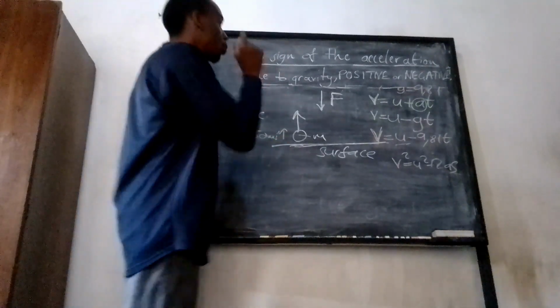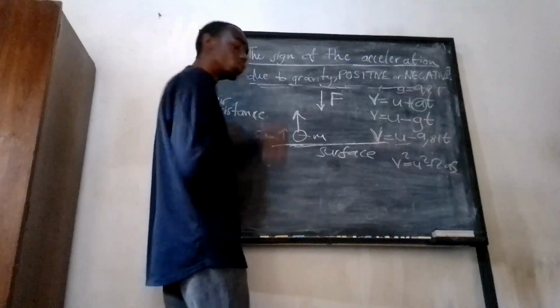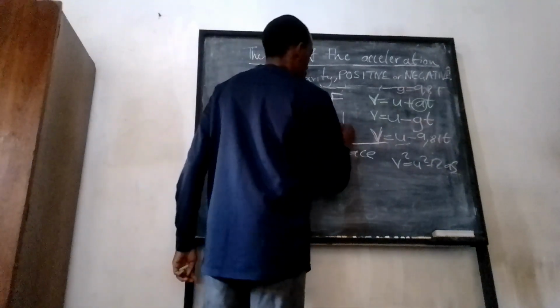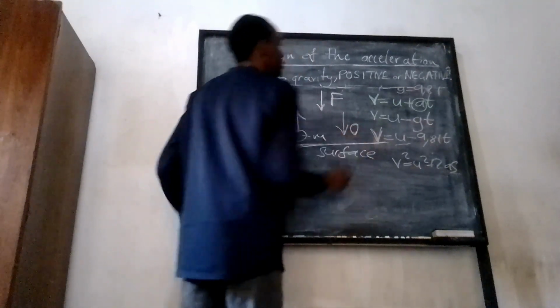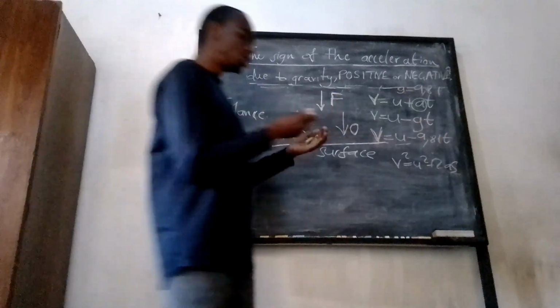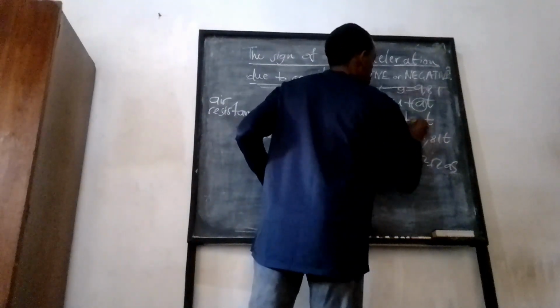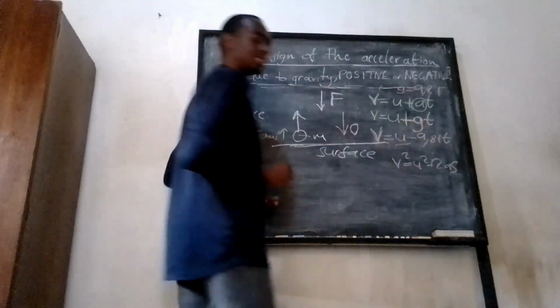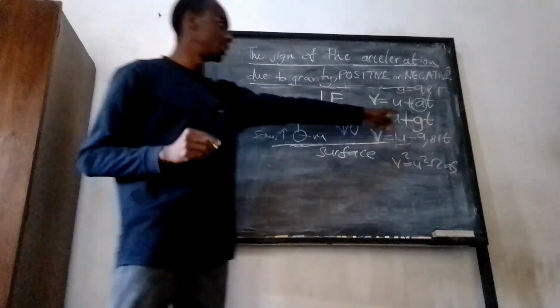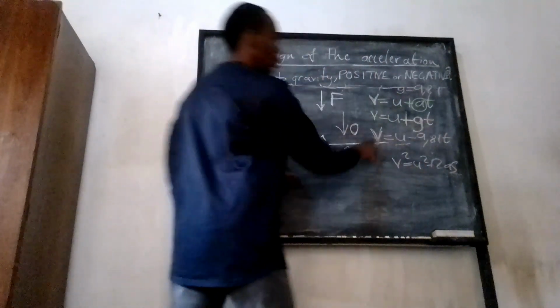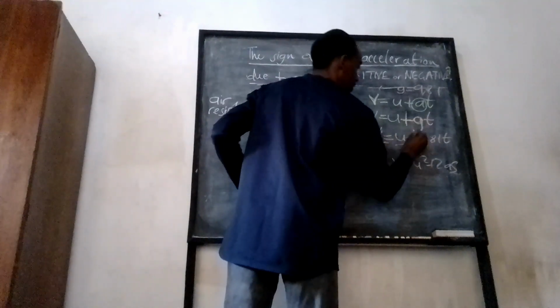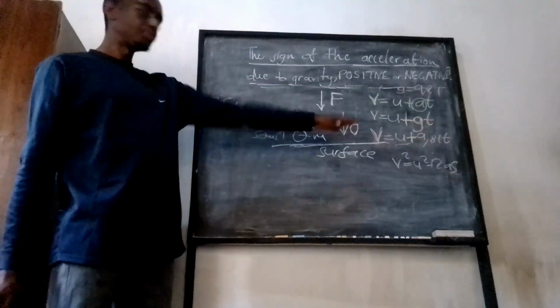Now you may ask, what if the ball is going downwards? What if the mass is going downwards? We now have this case. What happens? In this case, let me use a different color again. We use a positive sign for the acceleration due to gravity. So meaning, when we come here, we put a plus so that we get such an equation.